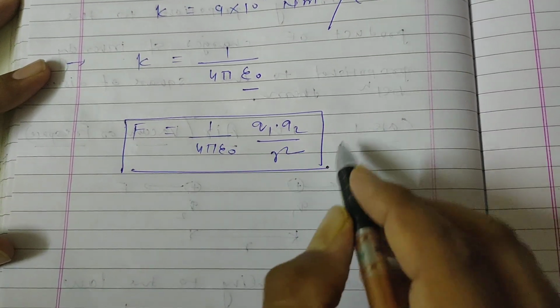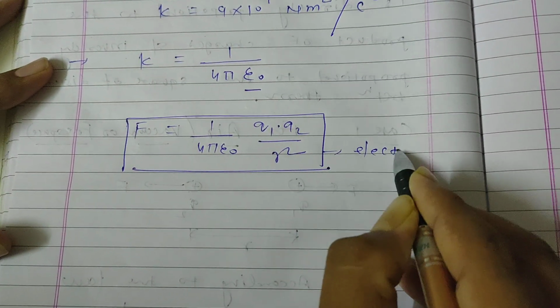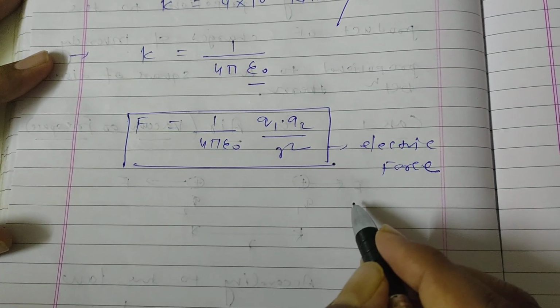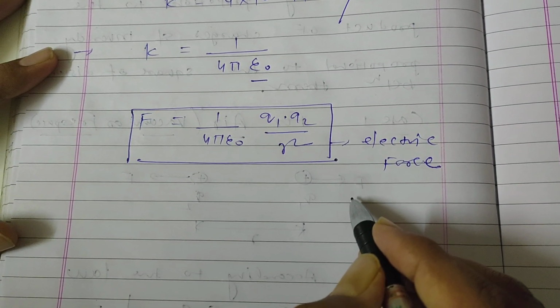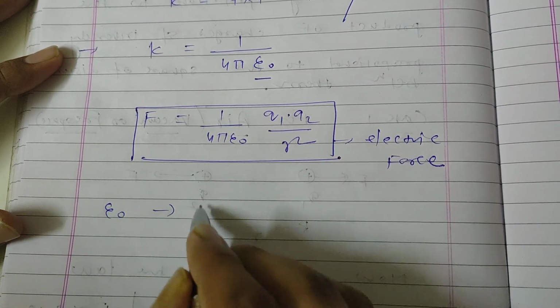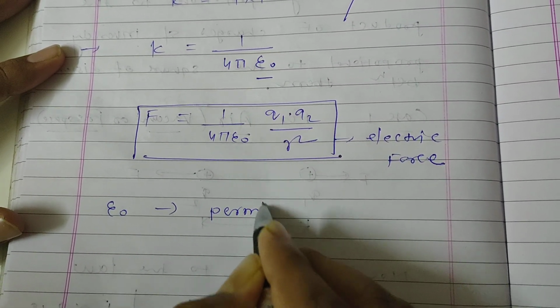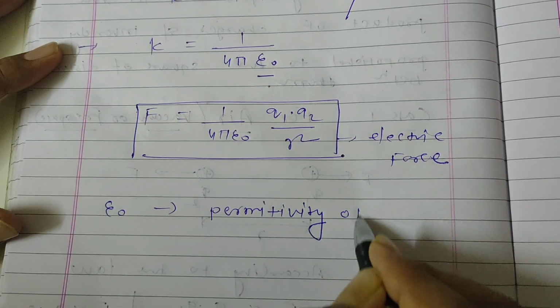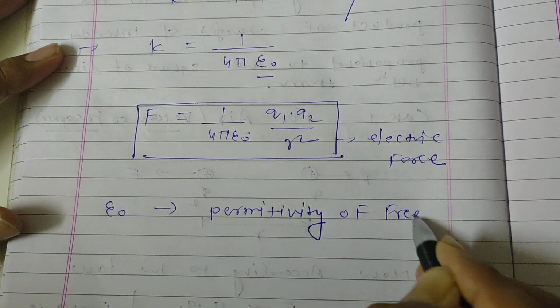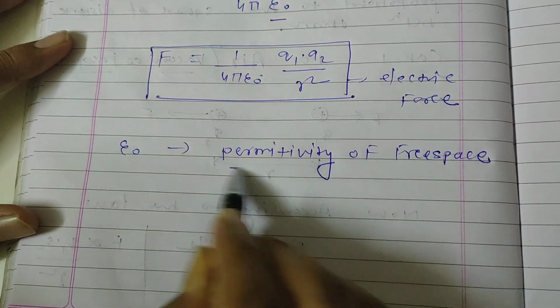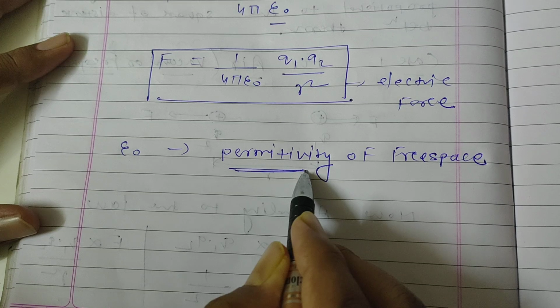This is also the formula of electric force between two charges in air medium. Epsilon naught is the permittivity of free space, or air medium, or vacuum. It is a physical quantity whose name is permittivity.